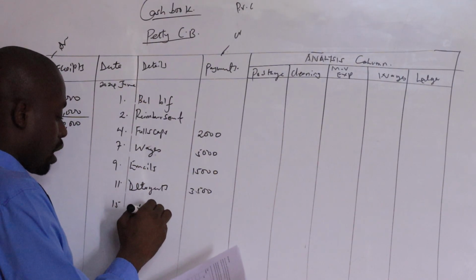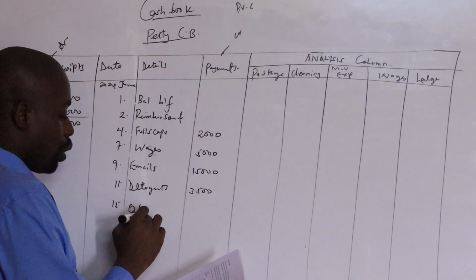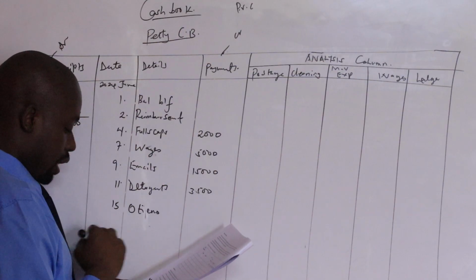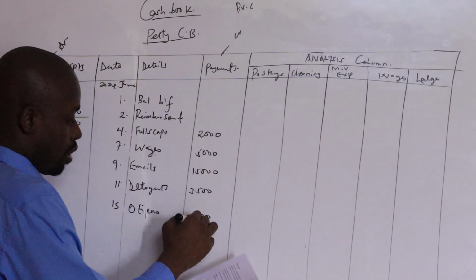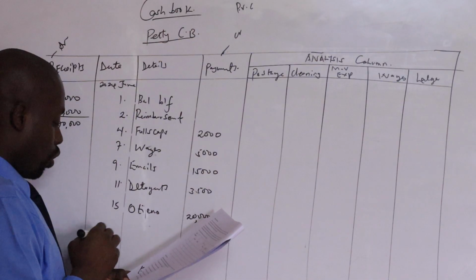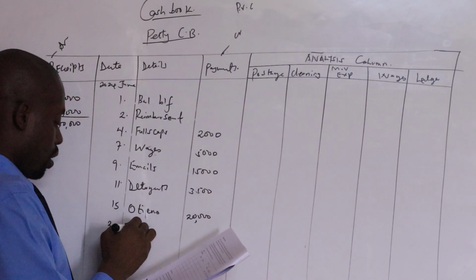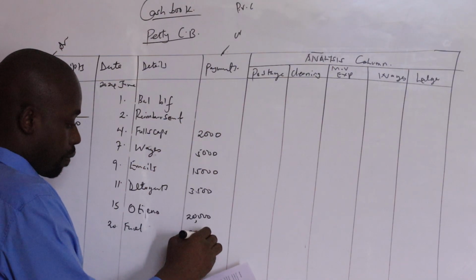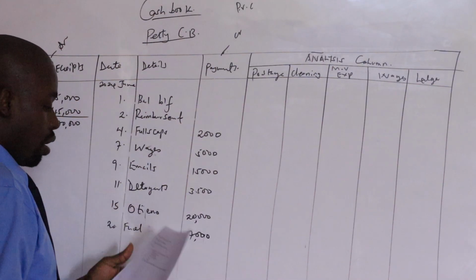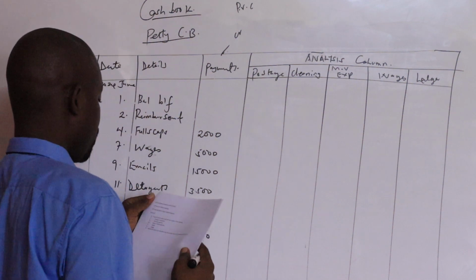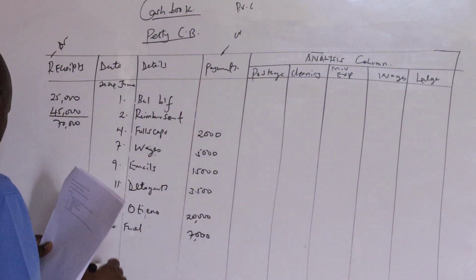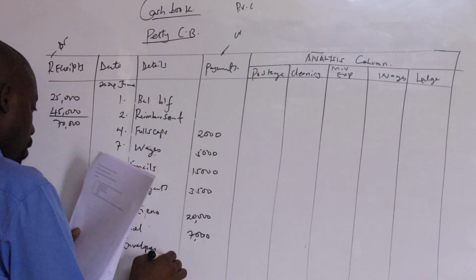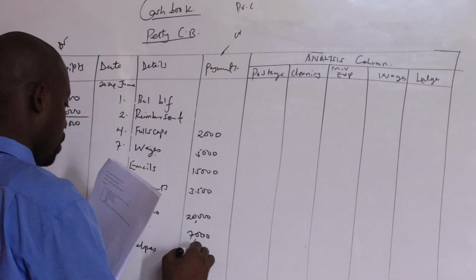So this is the person I was talking about, one of the suppliers, who the firm has decided should be paid through the imprest. We are paying him 20,000. Then paid fuel on 20th. Paid for fuel, 7,000. And then 24th, purchased envelopes worth 8,000.